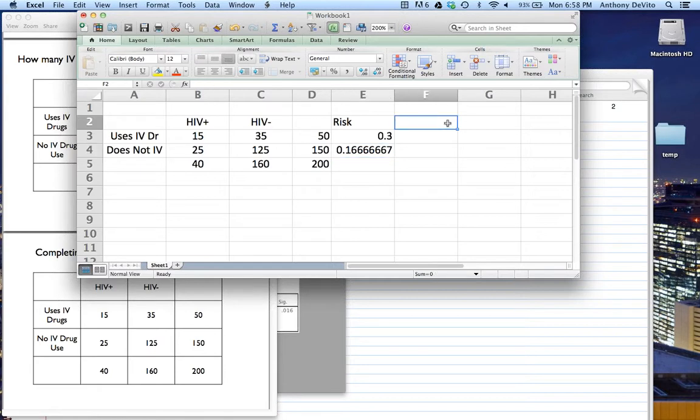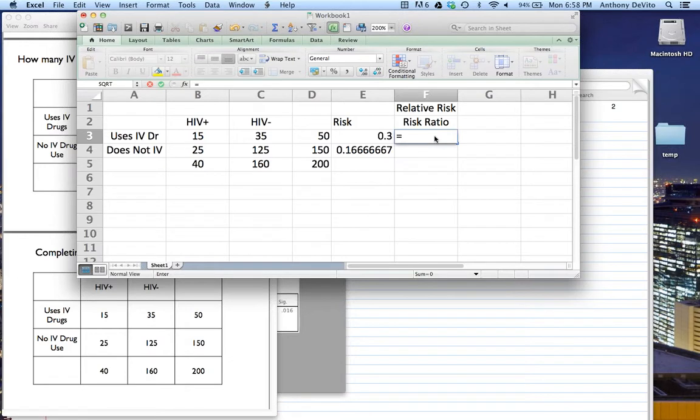Well, there's a fraction that we can develop here called relative risk or risk ratio. I'm going to call it risk ratio for our purposes because it's a little bit more descriptive, and another name for it could be relative risk. Relative risk can be calculated by looking at the ratio between the risk for IV drug users and people that don't use IV drugs.